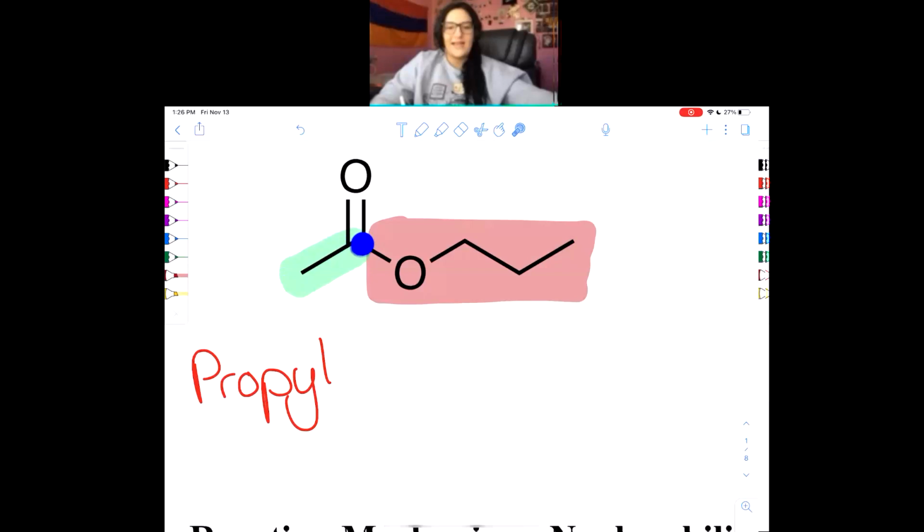Don't forget this guy right here. This carbon is super important. Everyone messes that up, and usually it trips you up on at least one exam question. Don't forget to include this carbon. So this is actually a 2-carbon chain, so we would call it what instead of methyl? Ethyl, exactly.